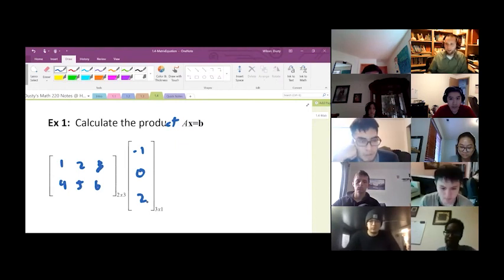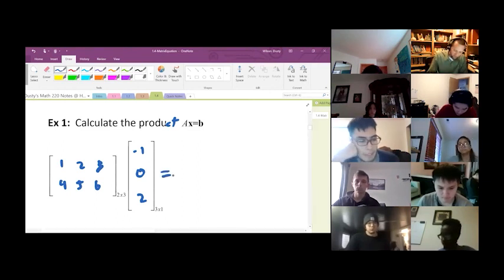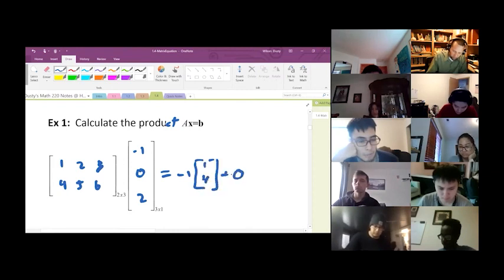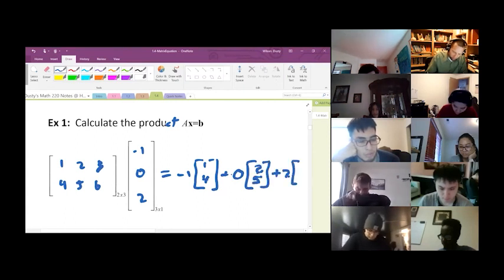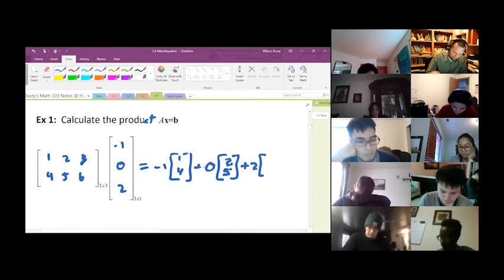This can be written as -1 times (1, 4) plus 0 times (2, 5) plus 2 times (3, 6).